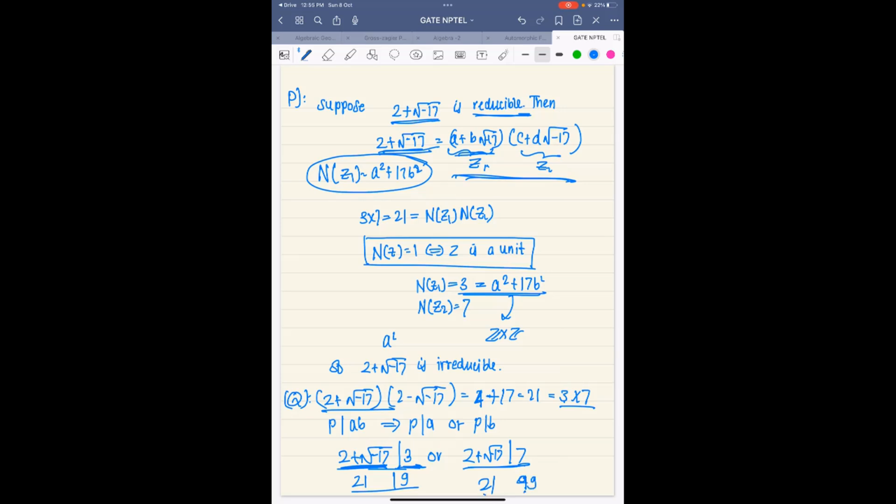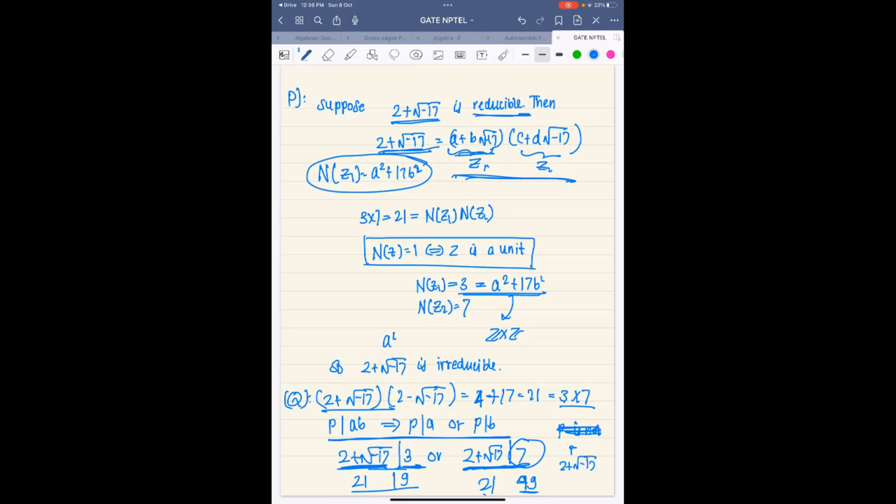Again 21 doesn't divide 49, so 2 plus square root of minus 17 cannot divide 7. Okay, so we have found a violation of this thing, right? So 2 plus square root of minus 17 is not prime.